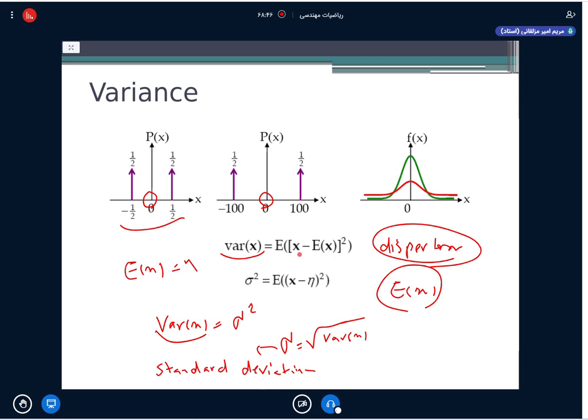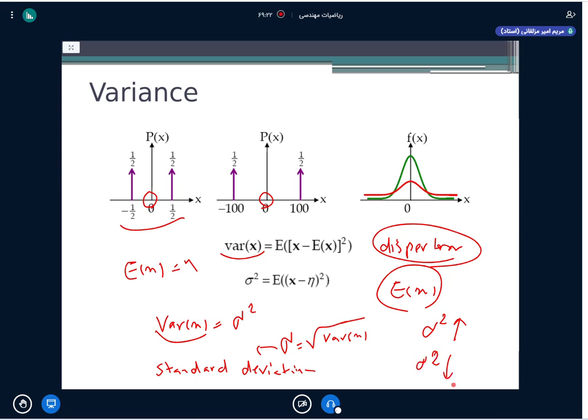Variance of x can be computed due to this formula. But what's the meaning of variance? Variance of a random variable such as x specifies the dispersion of the distribution of that random variable around expectation of x. Okay, so if we have a large variance, it means that we have a large dispersion around the expectation of x in our distribution.